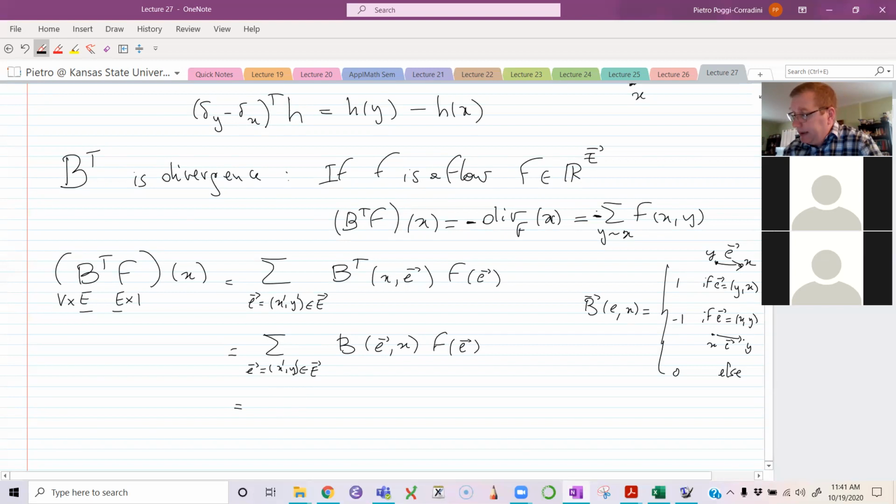Right? So it's going to be the sum of f(x,y) every time y points to x, minus the sum of f(y,x).